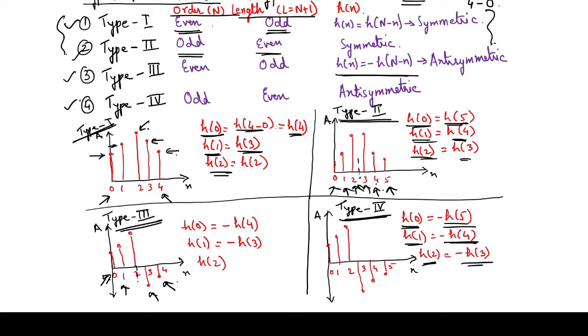Usually, you will find that type 1 filters are most commonly used because of the ease of implementing the filters, and in some cases type 2 filters. Type 1 filter can be used to design any kind of filters. Type 2 filter cannot be used to design high pass filters.